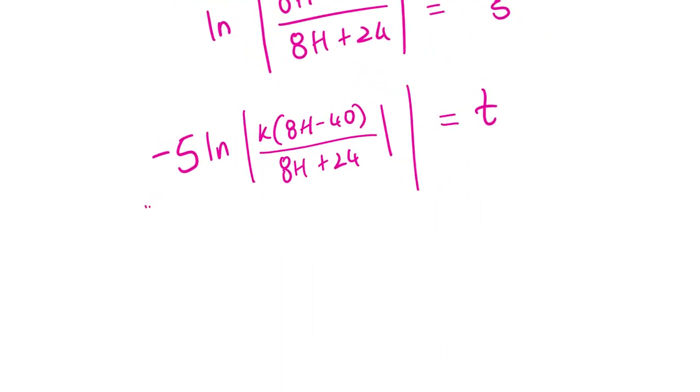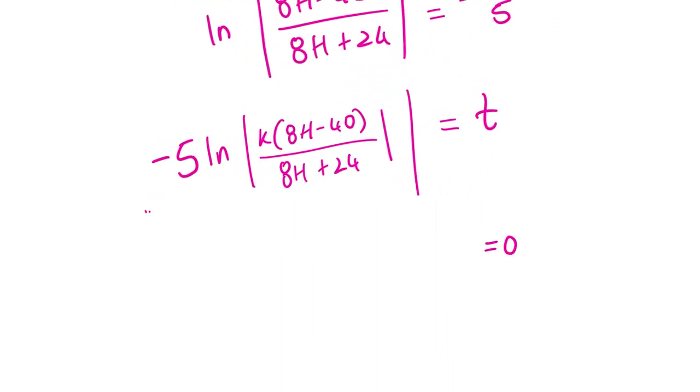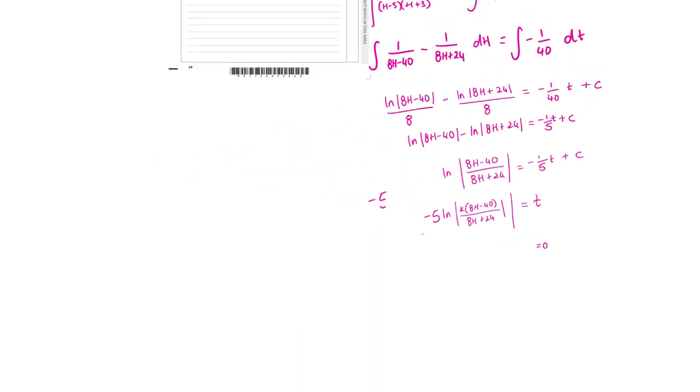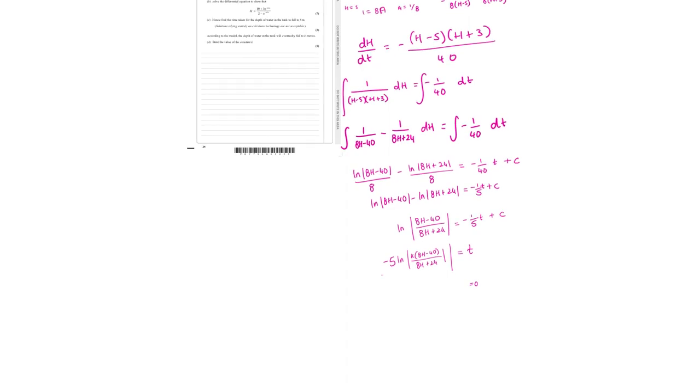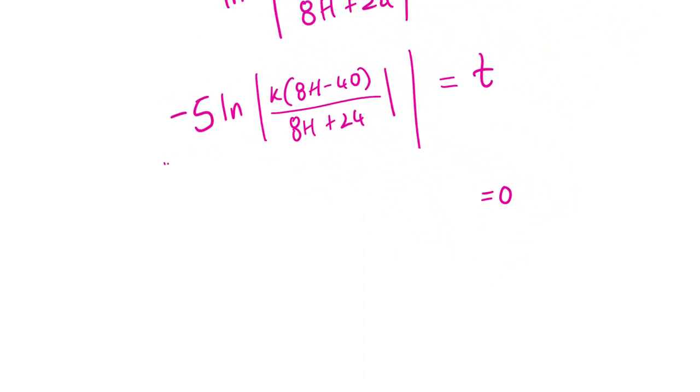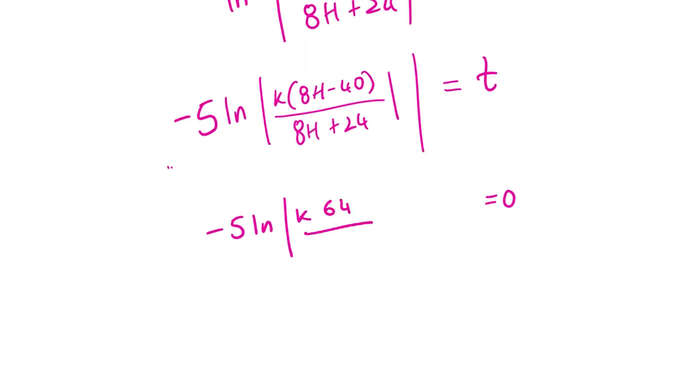Yeah, t equals 0 and h equals 13. So minus 5 ln of k lots of, what's 8 times 13 minus 40? 64, over 8 times 13 plus 24, 128, equals 0.